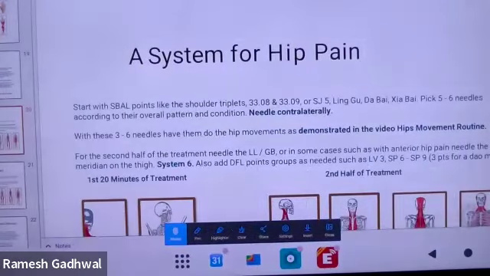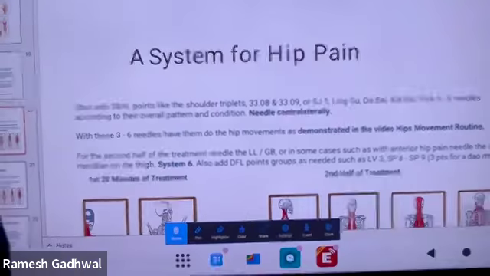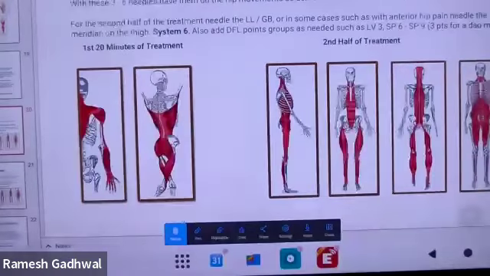And for the second half of the treatment, needle the lateral line, GB, or in some cases, such as anterior hip pain, needle the stomach meridian on the thigh. System 6 adds different line groups as needles, such as liver 3, spleen 6, spleen 9.